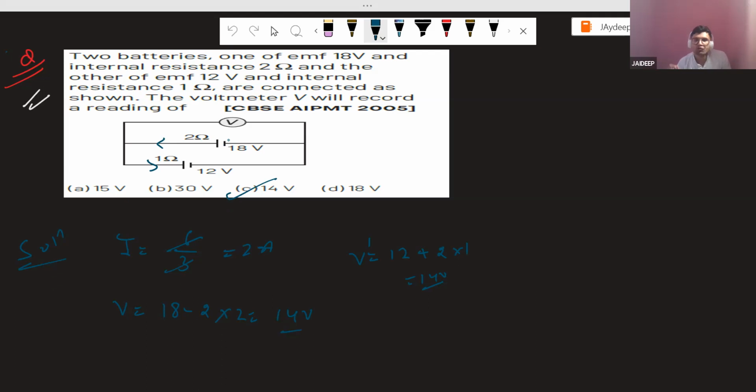The terminal potential difference across the 18 volt battery is 18 minus 2 into 2, that is 14 volt. For the 12 volt battery being charged it is also 14 volt; initially it was 12, later it is 14 volts. In both cases the terminal potential difference is 14 volt, and since the voltmeter is connected in parallel, the answer is 14 volt.